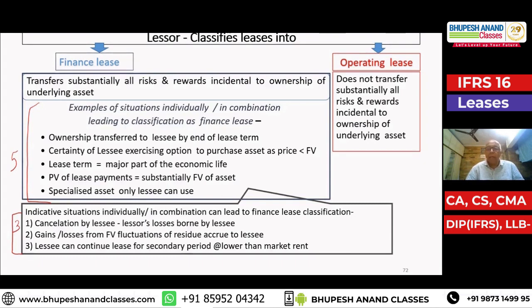Specialized assets. These I have experienced in Crompton Greaves. We used to tell the suppliers to manufacture a tool based on which we can make a component. The design of the tool is given to them. Now, when he starts manufacturing, we tell him, look, we are not sure whether it will work or not, and in future, if the design is changed, we may require a new tool.